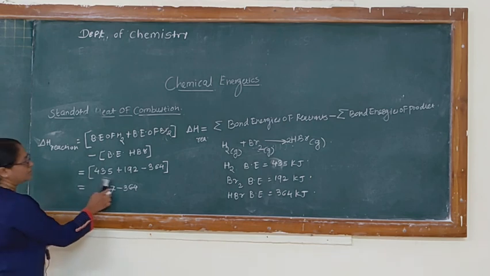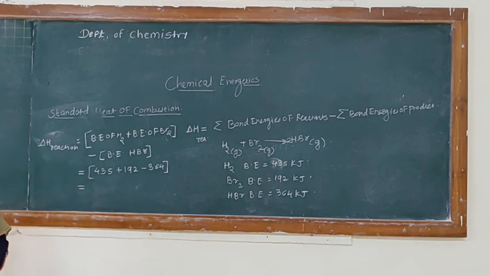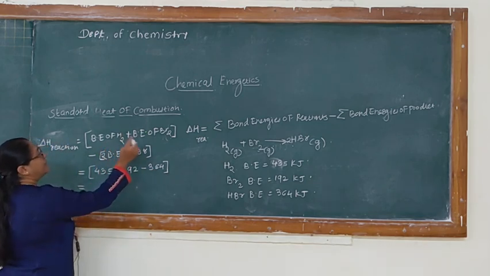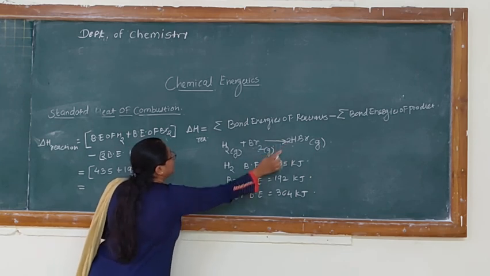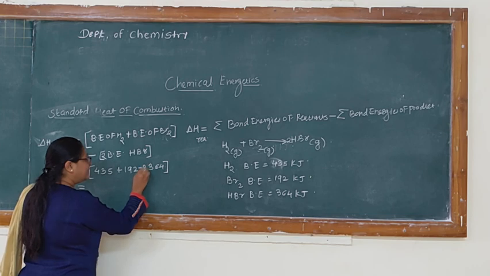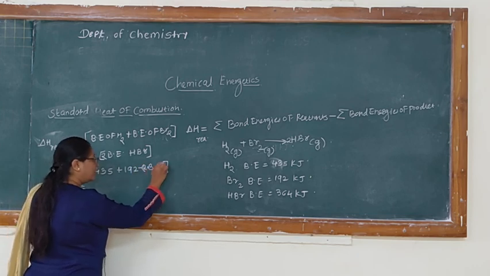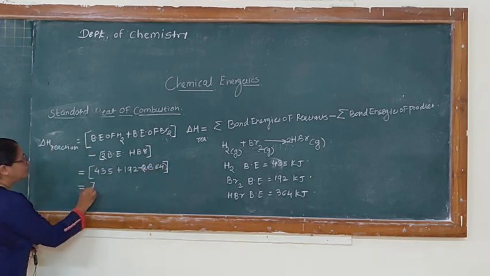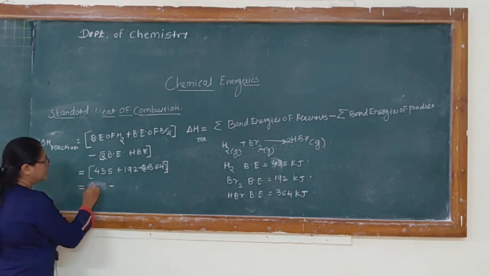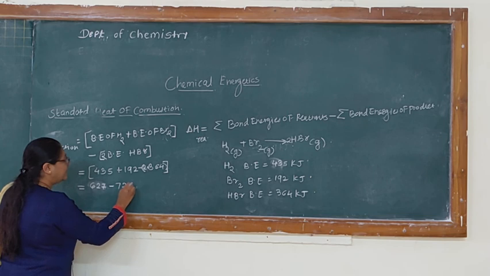Here, this is twice, 2 into the bond energy of HBr, because in the reaction it has formed twice. So 2 into bond energy of HBr. So this is how: 627 minus 728.